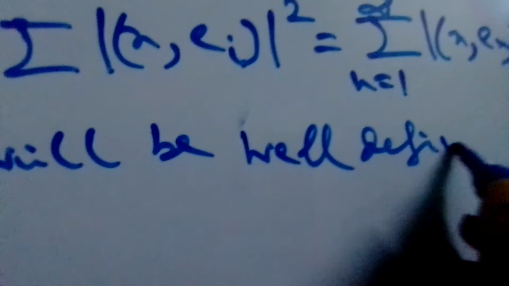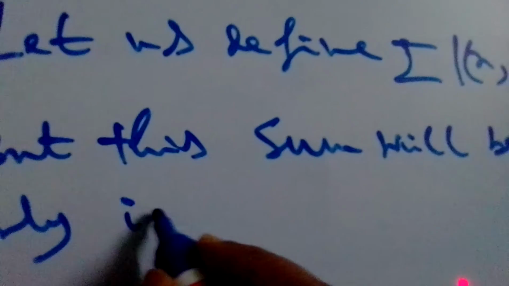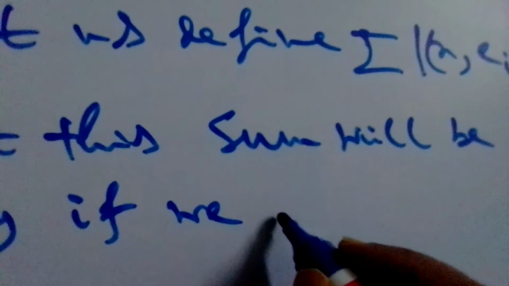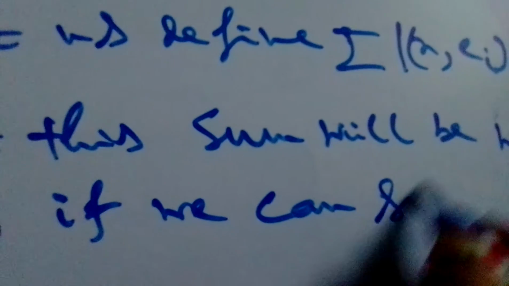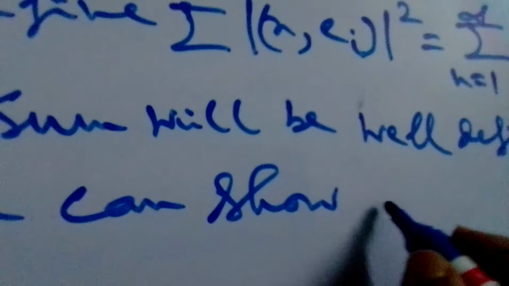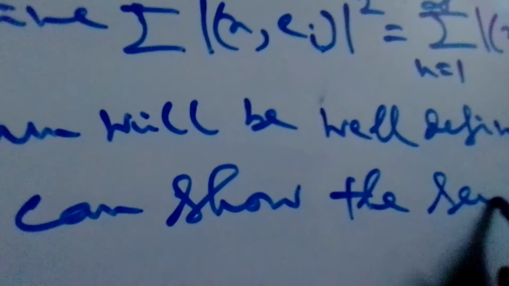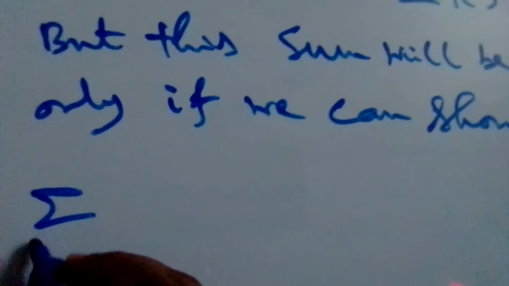if we can show the series, summation n runs from 1 up to infinity of mod of x dot e_n whole square, is convergent.